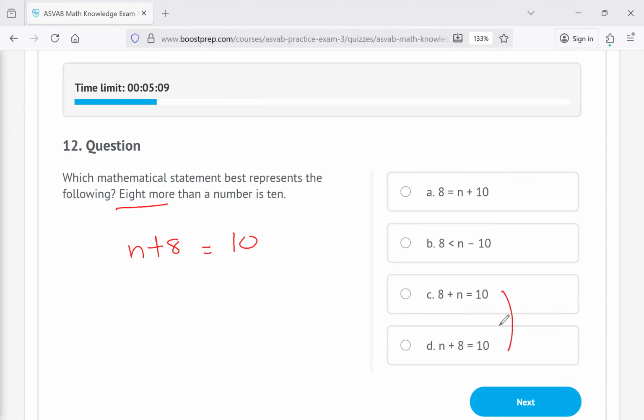I think it's D. Technically C is right. That's tricky, right? 8 more than a number, because of the commutative property, is the same thing as n plus 8, but I feel like this is the correct one. I don't know why, but I just feel like it's letter D.